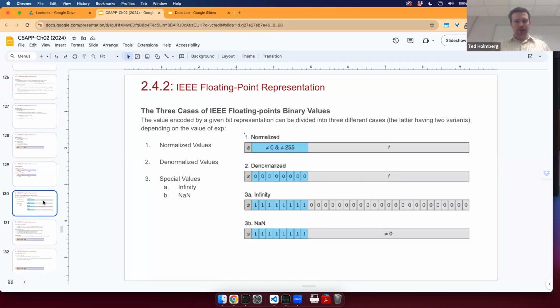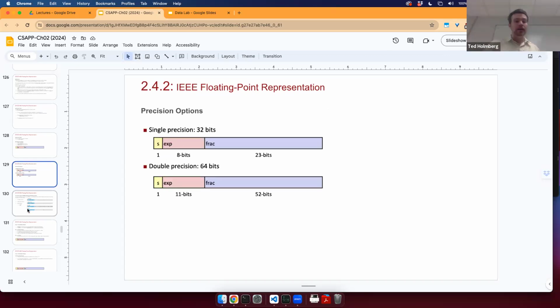Let's see if we have some examples here. So here are 3 cases of our IEEE floating point binary values, where we can either have our normalized values, our denormalized values, and then our special values, which would represent either infinity or NaN. So let's start. Here we can see that what determines whether something is considered a normalized value, a denormalized value, or one of these special case values depends on the blue, where our exponent field, what values it holds.